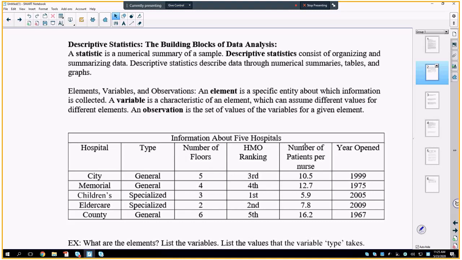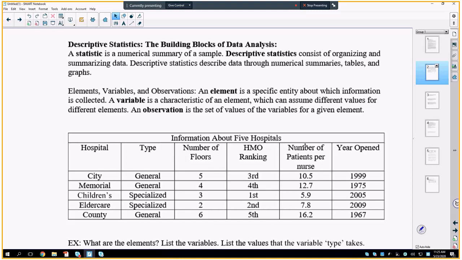A variable is going to be a characteristic of that element, and it can assume different values for different elements. An observation is the set of values of the variables for a given element. So for a given element, you will have multiple values based on multiple characteristics that you're studying, and all of those values together are the observation for that element.